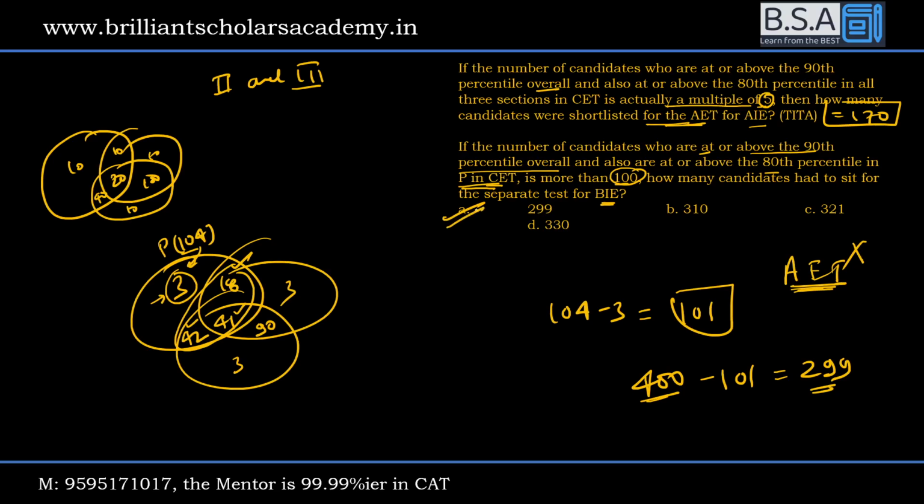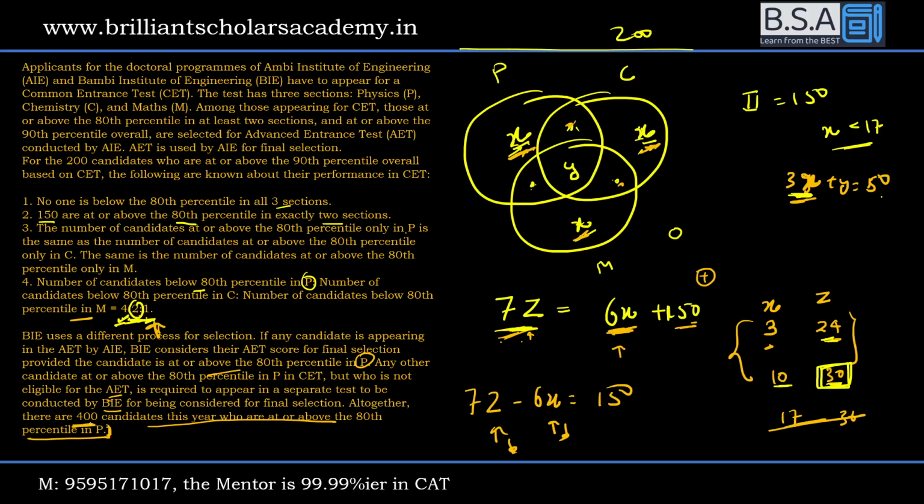ऐसा रिवर्स करके सोचो. 104 लोग हैं जिनका फिजिक्स में ये कौन सी एग्जाम की तैयारी करते हैं? AET की. 104 में से 101 लोग एलिजिबल हैं AET के लिए. टोटल 400 लोग हैं जिन्होंने फिजिक्स में मोर स्कोर किया है, मोर देन 80 परसेंटाइल. एंड फिजिक्स इज द ओनली क्राइटेरिया.